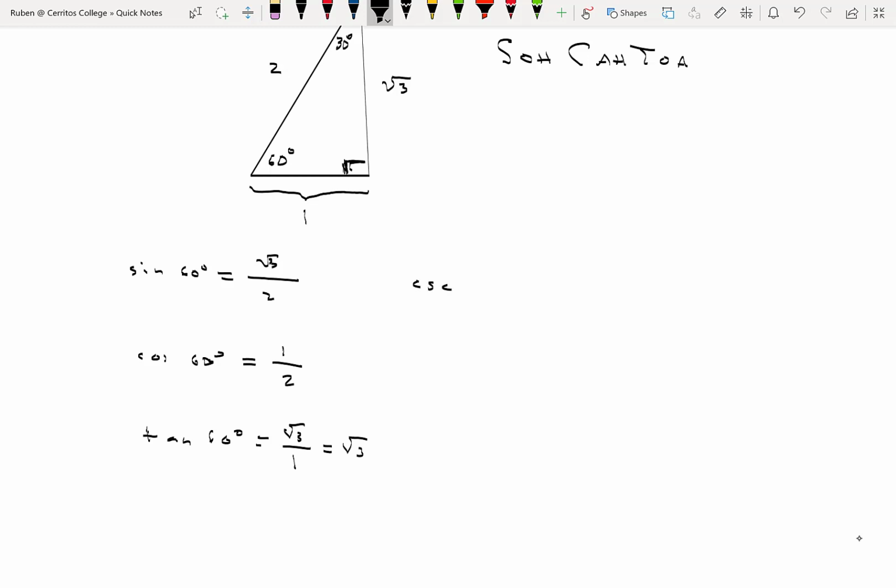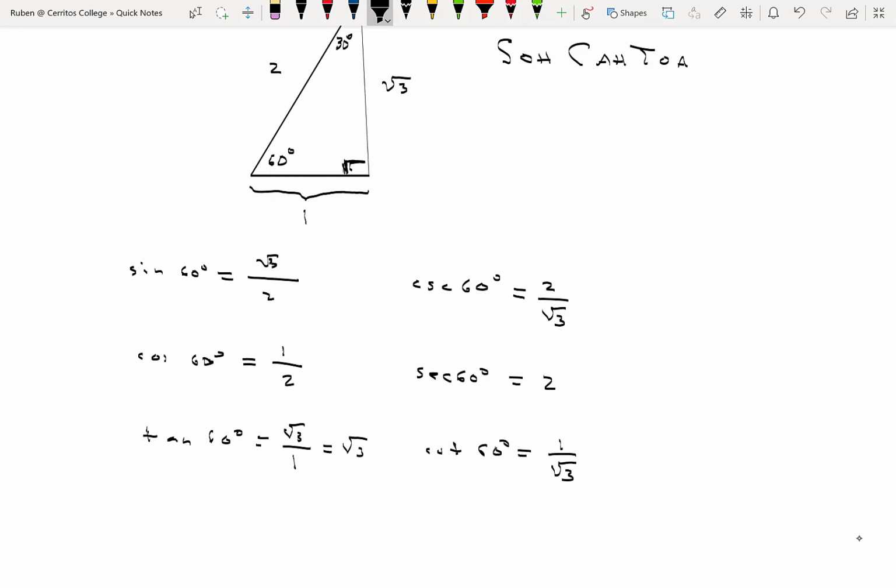Now you could either use the triangle, or you can just remember that the other 3 trig functions are simply the reciprocals of the first 3 in order. So the cosecant is 1 over the sine. The cosecant of 60 is 1 over the sine of 60. The secant of 60 is 1 over the cosine, and the cotangent of 60 is 1 over the tangent of 60.